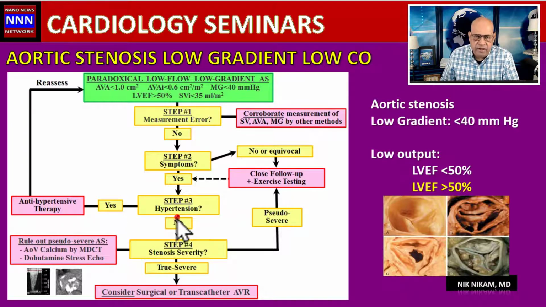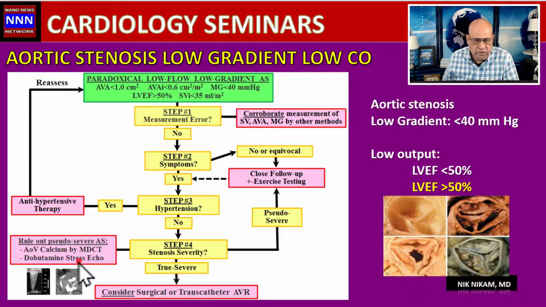Once we have done that, the next step is to determine the severity of the aortic valve's narrowing. This can be done using multiple approaches, the most significant of which is dobutamine stress echocardiography, or DSE for abbreviation, and of course MDCT, multi-detector CT of the heart, looking for aortic valve calcification.